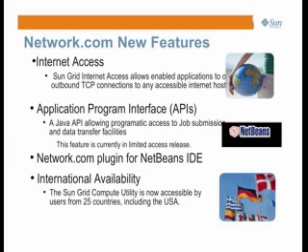It was simple to do, and we've now finally, after having understood all the security implications, opened this up. A couple of other features that we added was the application programming interface, the APIs.